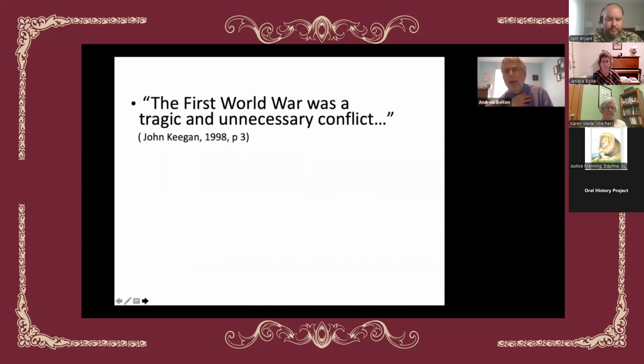What do historians make of this war? John Keegan, a British military historian, right of center, said in his opening words of his book on World War I, the First World War was a tragic and unnecessary conflict. In fact, this summarizes the consensus of historians left and right about World War I. It was tragic and unnecessary.